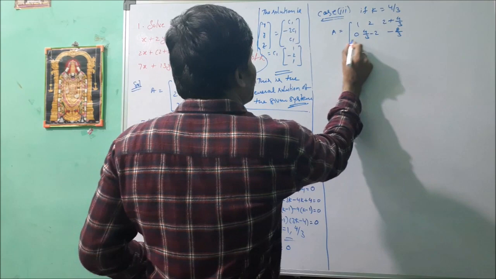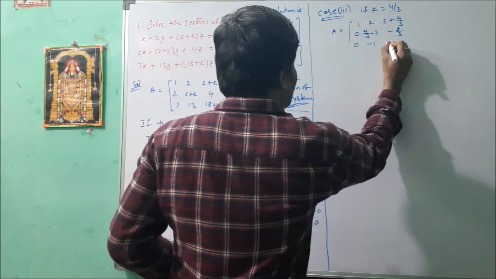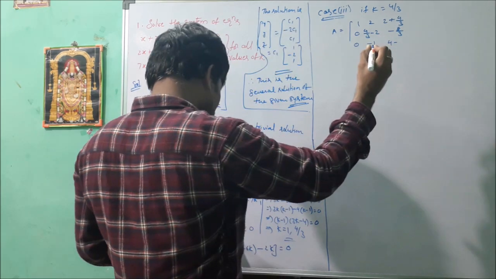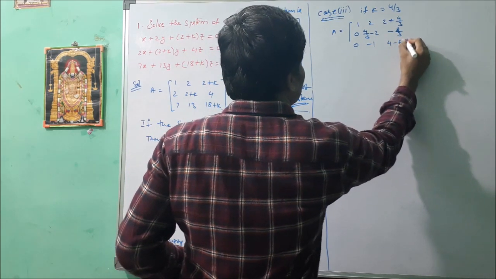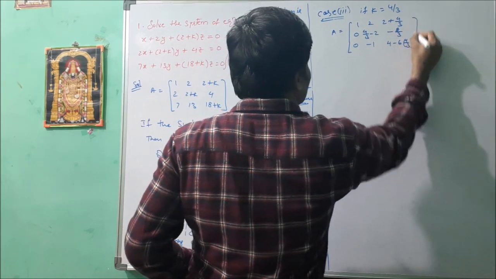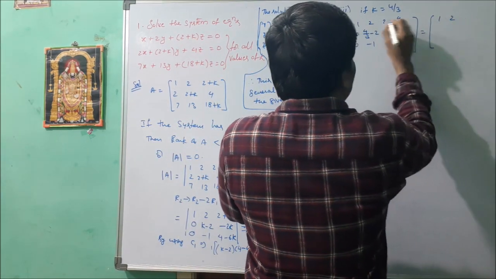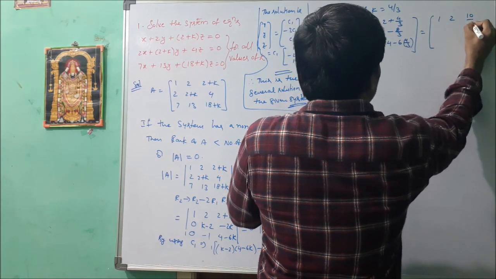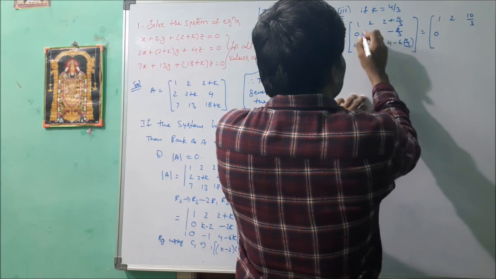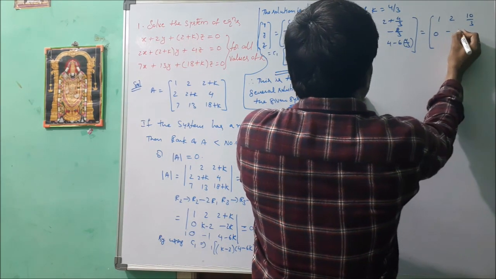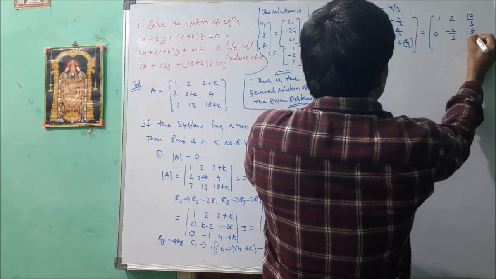Similarly, the third row is 0, minus 1, 4 minus 6 into 4 by 3. Here it can simplify. The matrix is 1, 2, 10 by 3; 0, minus 2 by 3, minus 8 by 3.